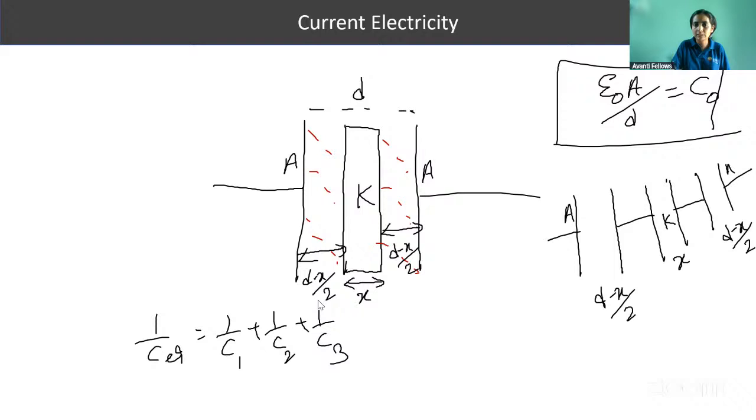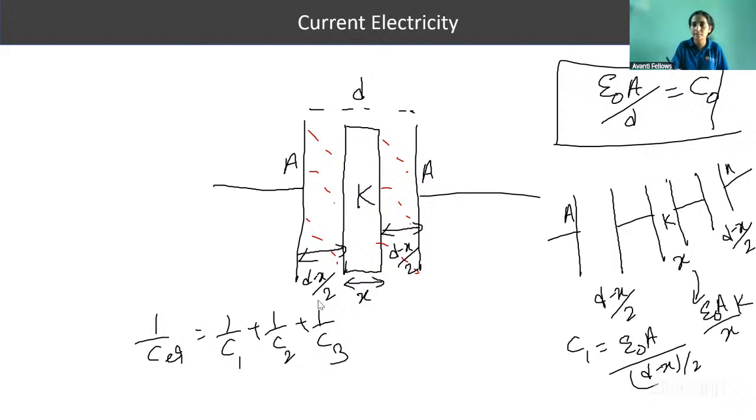The area of cross section is A, so what will be the value of C1? Epsilon naught A by D minus X by 2. And C2 will be equal to epsilon naught A by X into K. And C3 is same as C1, so C1 and C3 are same.